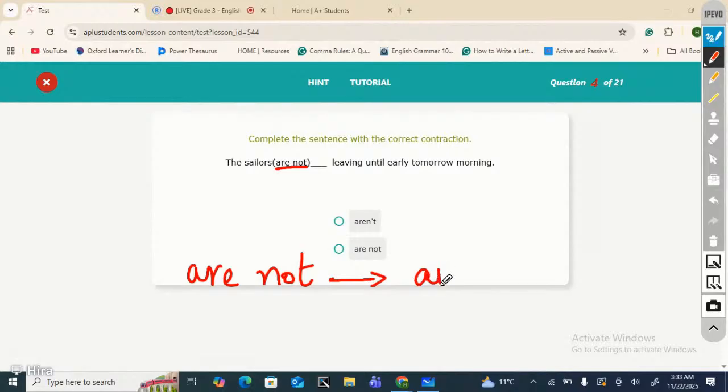No change will be in the spelling of the verb. There will be no change. And in the word not, leave letter O and in its place add an apostrophe. It becomes aren't. Are not becomes aren't. And just pay attention to the pronunciation of the contraction as well. Are not becomes aren't. So option one is correct.